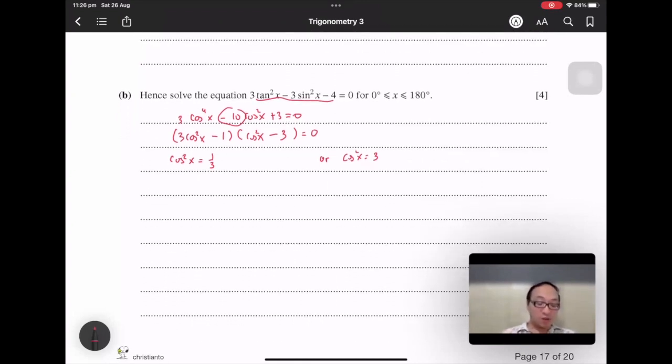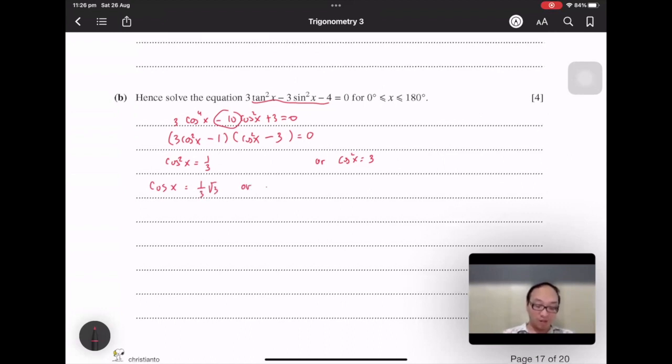If we square root, we will have cos x equals 1 over root 3, or cos x equals negative 1 over root 3. Don't forget, we have plus and minus. That's from the left side.